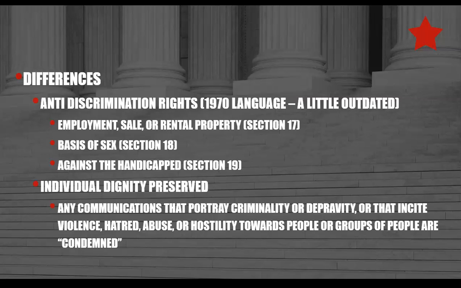Now, what does condemned mean? Does that mean the government can take legal action against any communications that portray or incite hostility towards someone? It doesn't say. It just says that this kind of communication is condemned. So take that however you think it should mean.